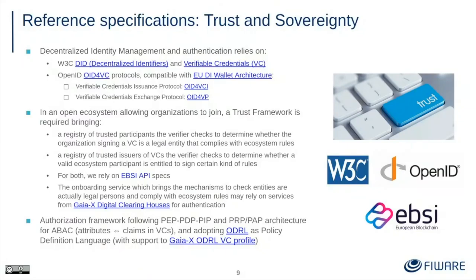We're using that inside our data space to define essentially every access to products, to data sets, and to services, etc. We support different profiles there. One of them is, for example, the Gaia-X ODRL profile, which is built for verifiable credentials. So we can use rules in a format defined by Gaia-X to define access to our services based on verifiable credentials from the Gaia-X ecosystem.